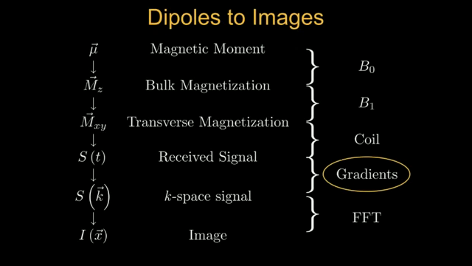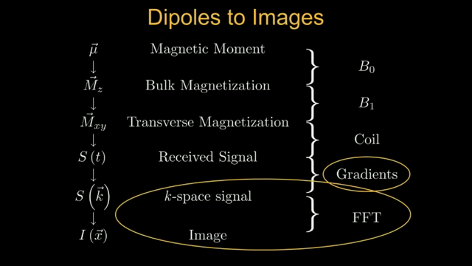A key thing to remember are gradients and what they do. And this goes back a couple of weeks. Just try to recall what gradients do. They establish, in this case, a linear magnetic field variation in the z direction. That allows you to change precession frequency at different spins, at different positions in space. And that's very important, as you'll see in the math and signal processing.